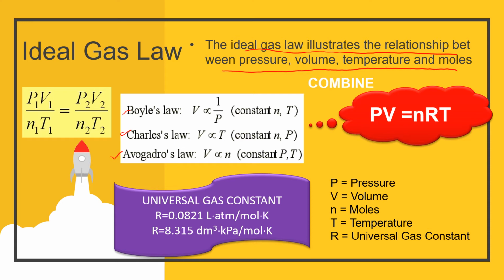Okay, and also we can get the relationship between the two states, which is P1V1/n1T1 is equal to P2V2/n2T2. So which equation you need to use depends on the question. Okay. So this is the value of the universal gas constant, which is the value of R for n. This is if you use n.